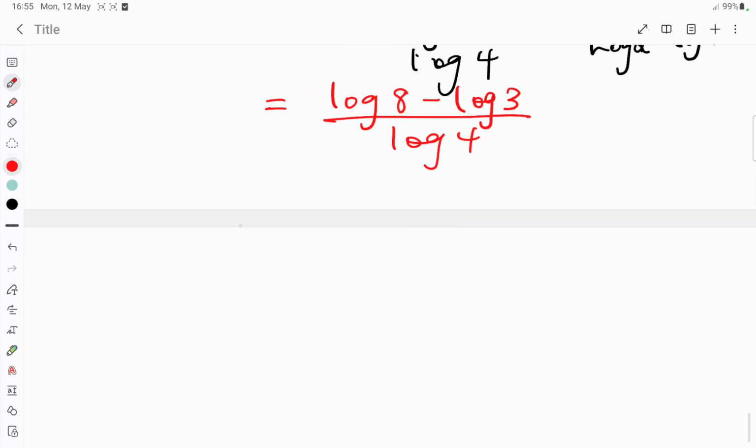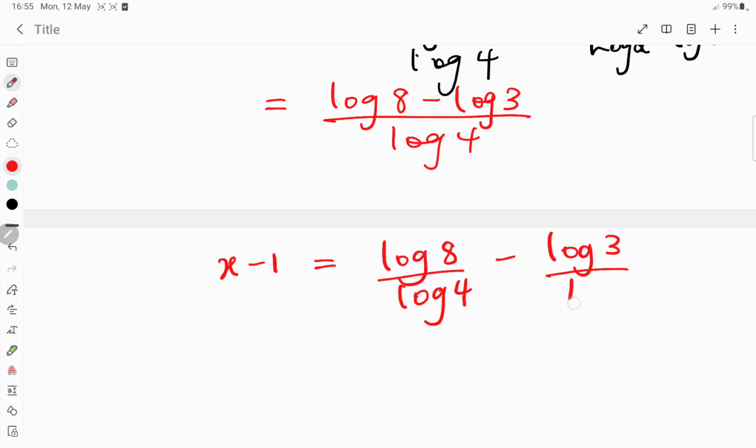So let's split the fraction. We have x minus 1 is equal to log 8 over log 4, minus log 3 over log 4.